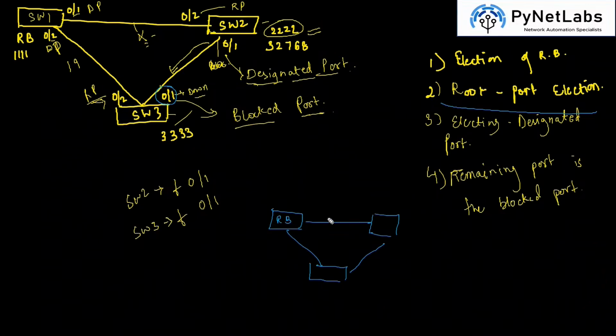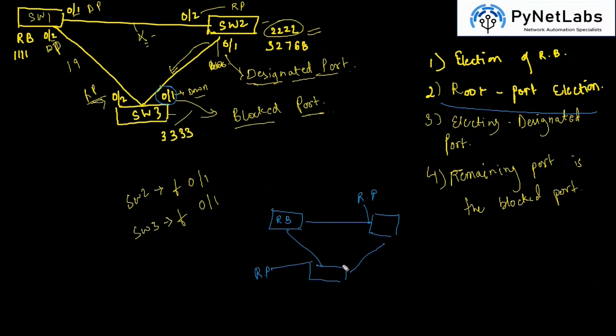And since root port is only elected on non-root bridges, we know that this port will be elected as root port, and on this switch, this port will be elected as root port. Why? Because they are the one with the lowest cost to reach the root bridge.